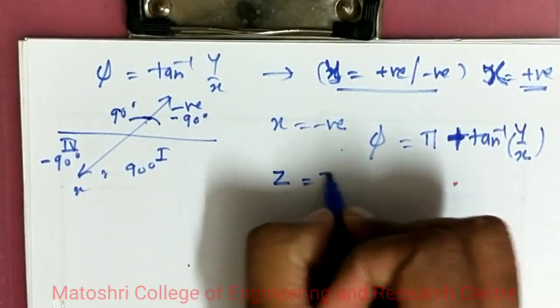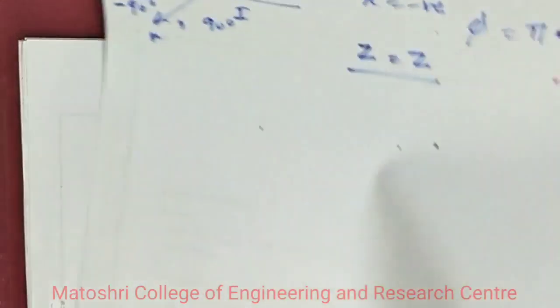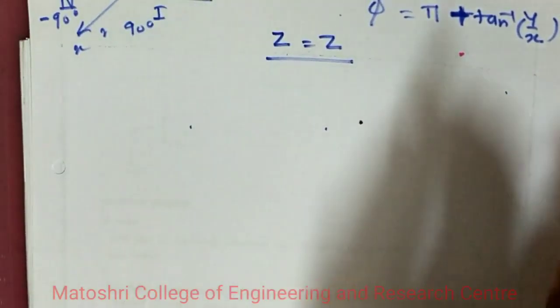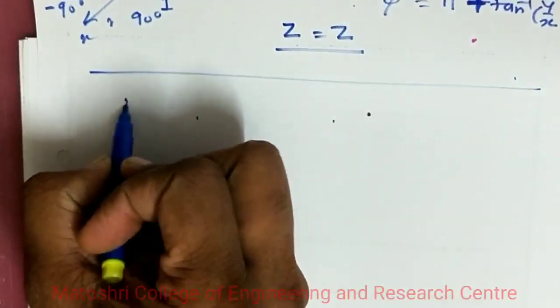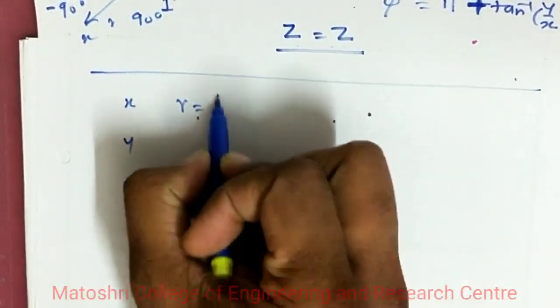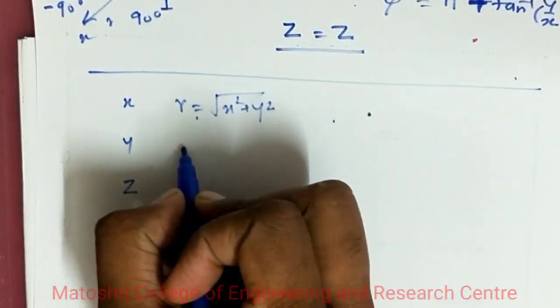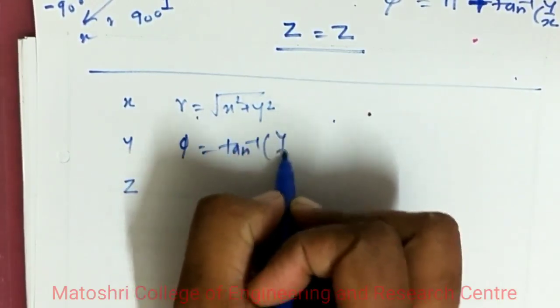Now the z coordinate in the Cartesian and circular cylindrical coordinate systems is exactly the same. That's why the value remains the same. Now, at the end I will summarize how to convert. If you have the x, y and z coordinates, then r is the square root of x square plus y square. Then angle phi is tan inverse of y by x.